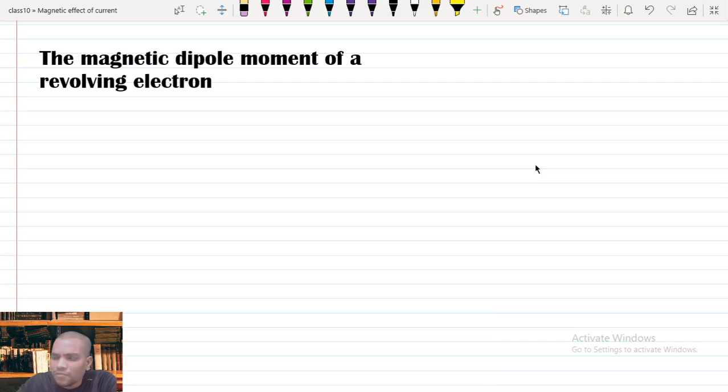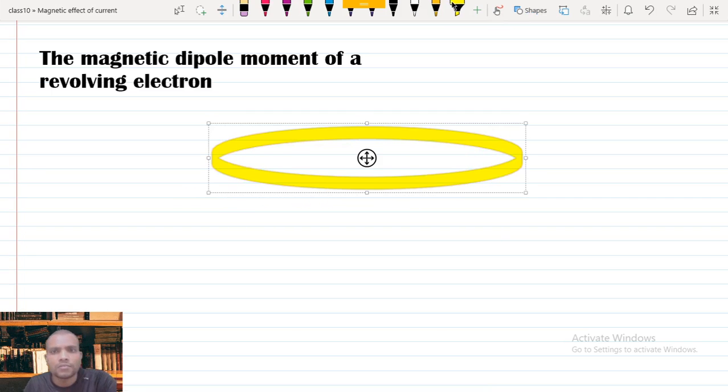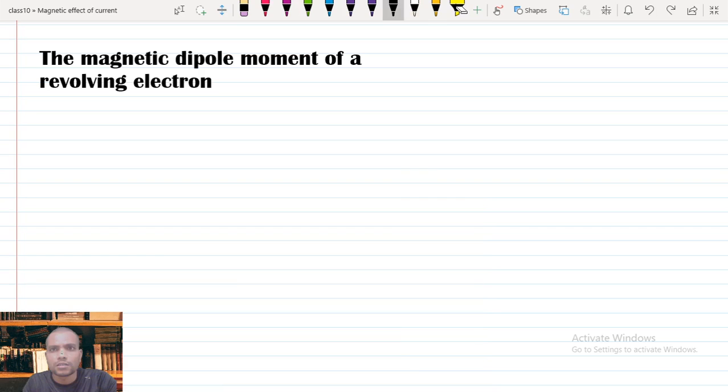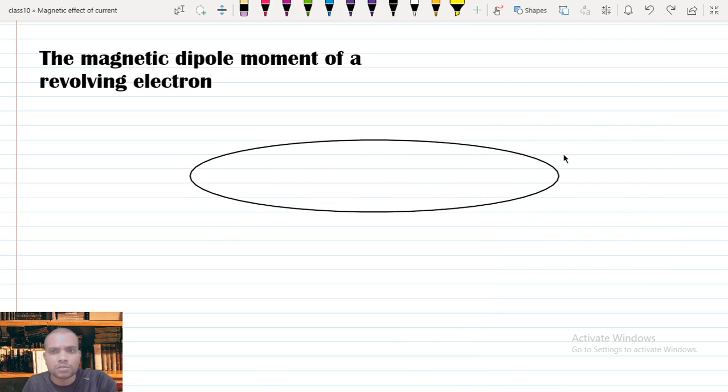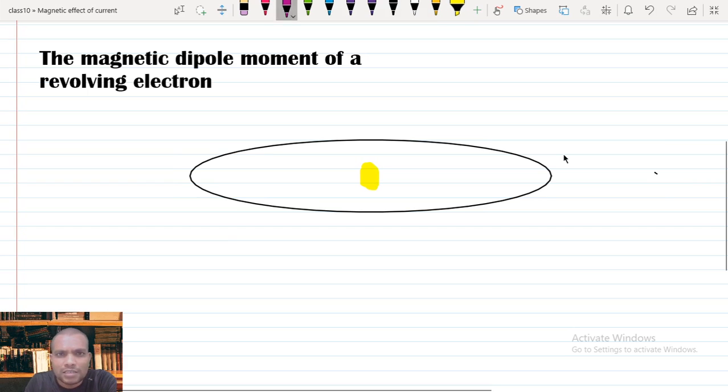As a very basic case, we know that electrons are revolving around the nucleus. If I draw a very basic atomic model, suppose this is right at the center, a nucleus of Ze, positive, and somewhere here an electron is revolving around the nucleus.